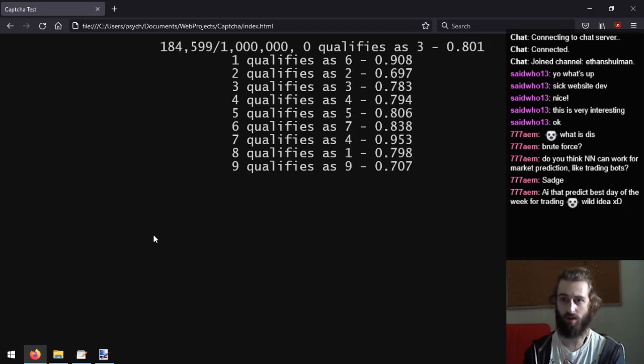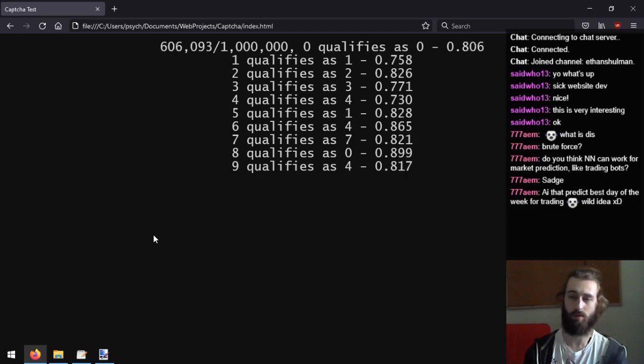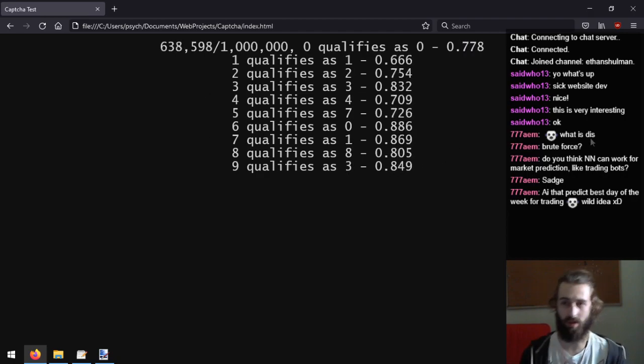So it keeps changing and then they focus in on it. So I wonder if it's actually going to be able to train down to them now.